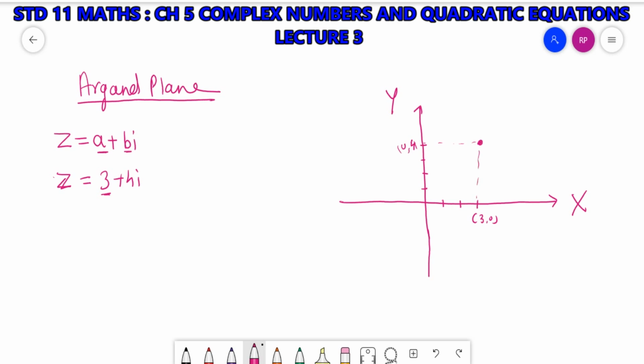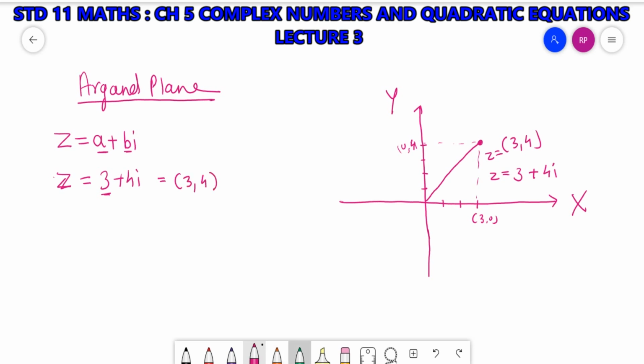So this point represents this complex number z. So remember, before the y coordinate we will use i, right? So I can also represent this in this form, 3, 4.